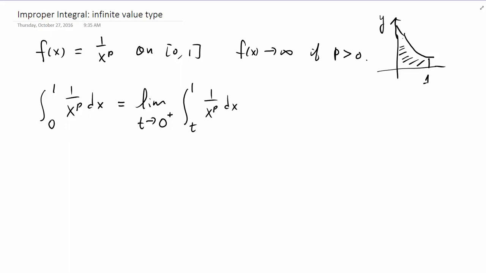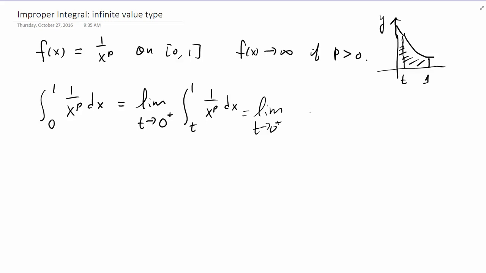In a sense we actually integrate only from t to 1 and then let t go to 0. Perfectly reasonable.